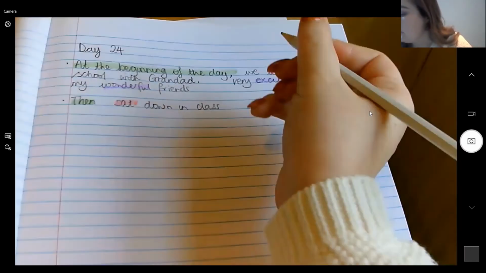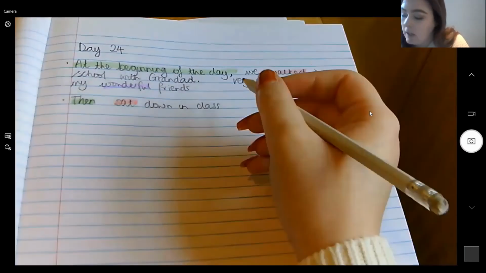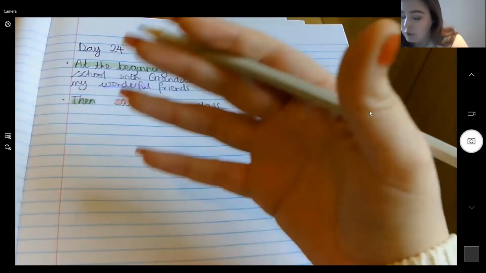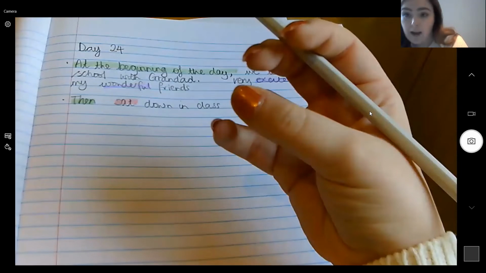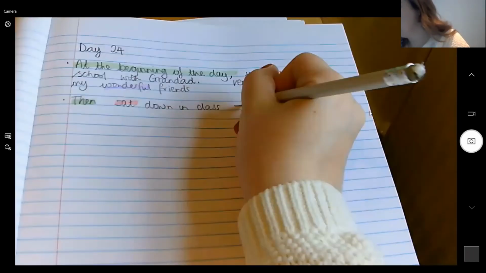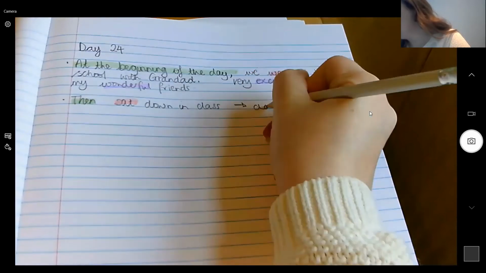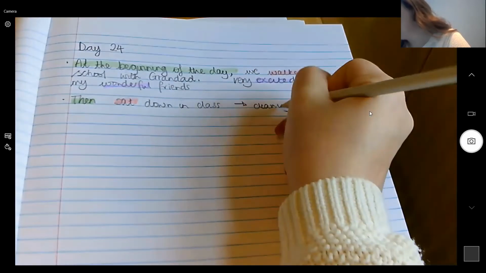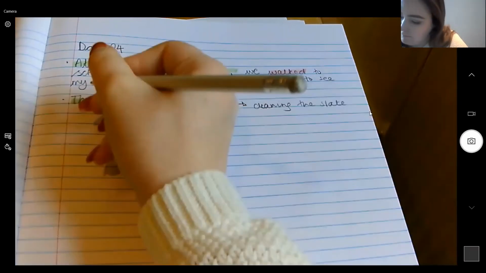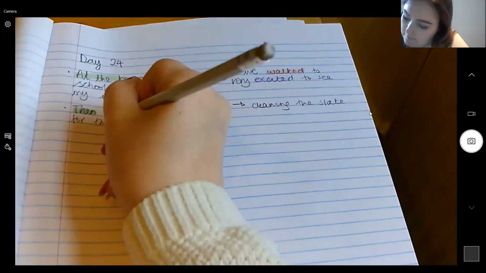And then here we can talk about the emotions that you were feeling as you sat down in class. You can talk about what happened when you're in there. So you might want to talk about cleaning the slate for the lesson.